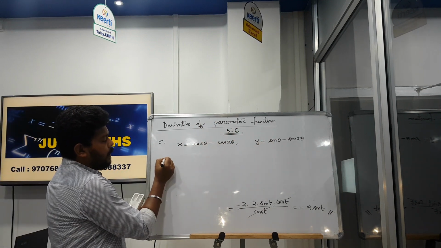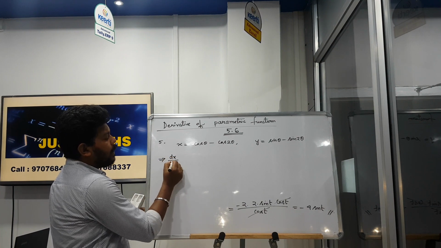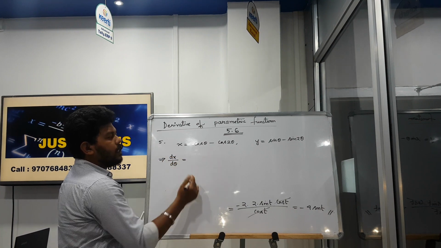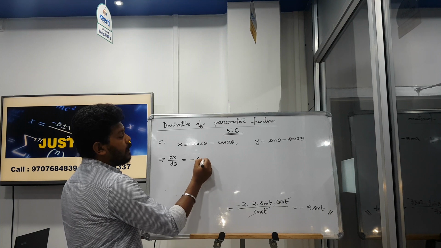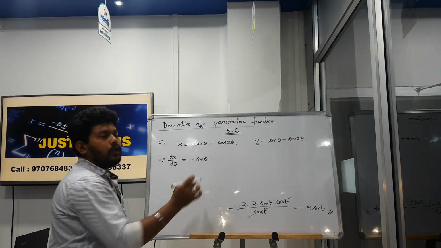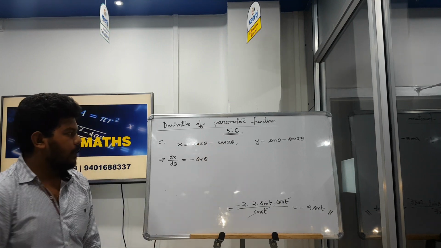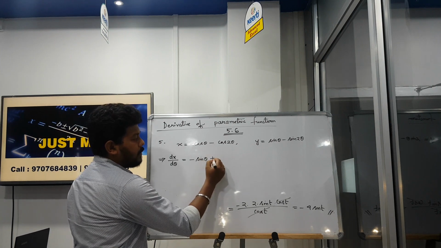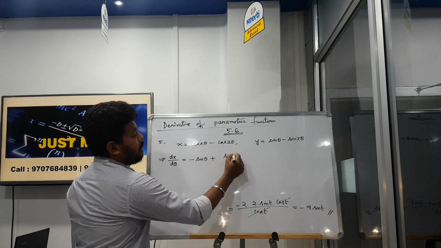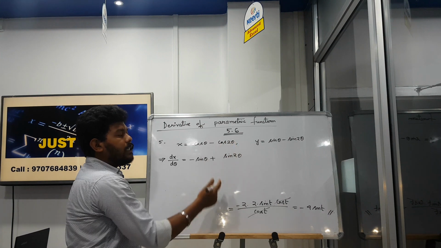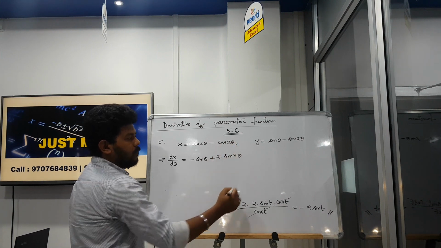If you find dx by d theta, you will get, for cos theta the derivative is minus sin theta. Again for cos twice theta the derivative is minus sin theta, so minus minus plus, and for twice theta again the derivative is 2.